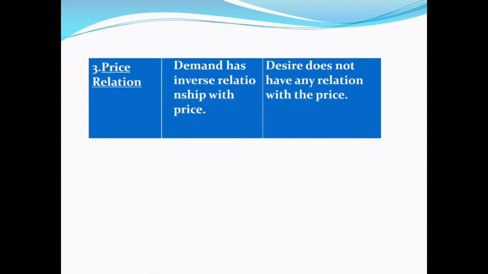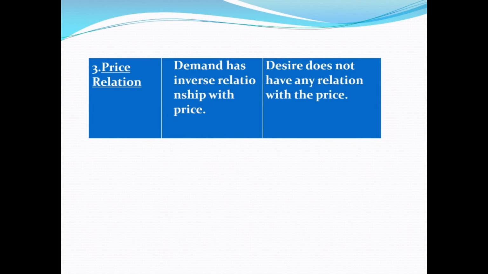Moving further, the next point says price relation. Demand has an inverse relationship with price, whereas desire does not have any relation with price, and it is a psychological concept. Yes, my dear students, demand has an inverse relationship with price. As stated by Alfred Marshall as well, higher the price of the commodity, smaller is the quantity demanded, and lower the price of the commodity, larger is the quantity demanded.